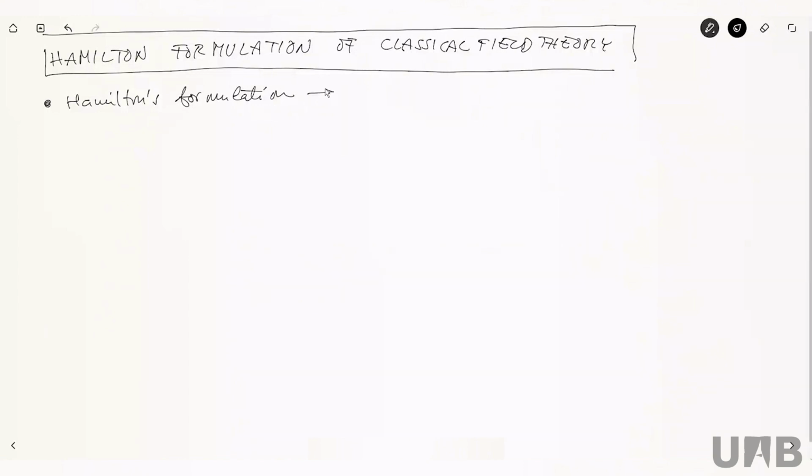So this will lead to something we will call canonical conjugate momentum. And this is something we need for quantization, right? For quantization.